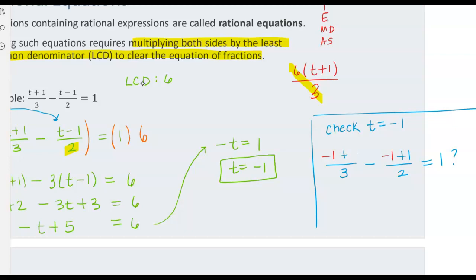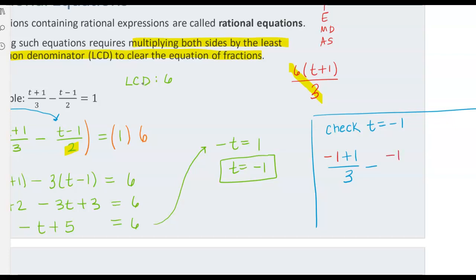This should be a 1, right? Negative 1 plus 1, negative 1. Goodness, that's bamboozled. Let's start that over. Go back. Negative 1 for t plus 1 over 3, first fraction.